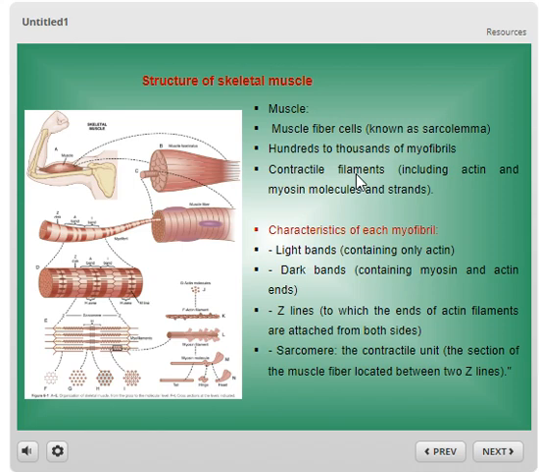The structure of the skeletal muscle is complex, consisting of muscle fiber cells, sarcolemma, myofibrils, and contractile filaments, actin and myosin. The arrangement of these components into light bands, dark bands, Z-line, and sarcomeres allows for efficient contraction and movement.